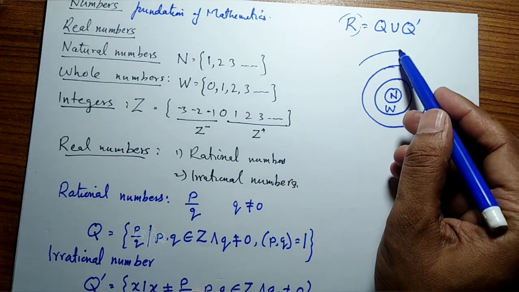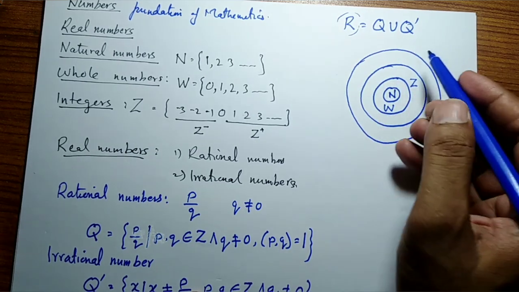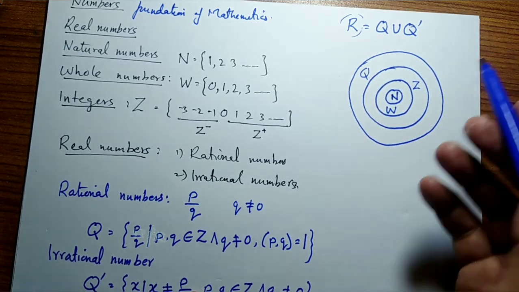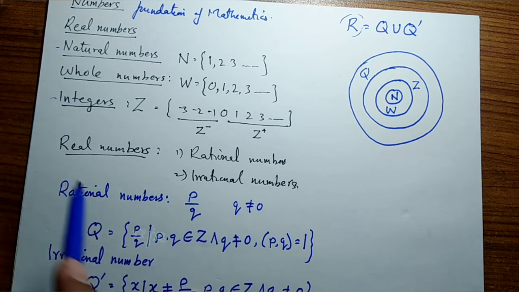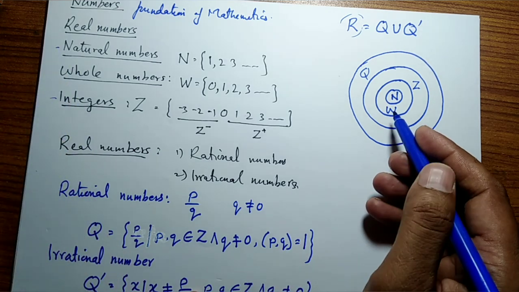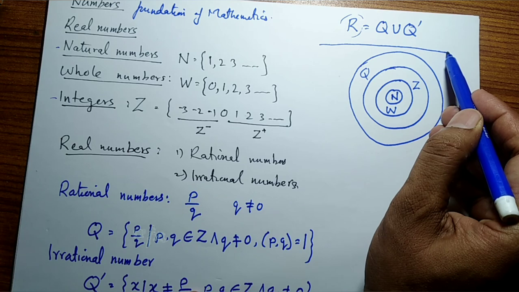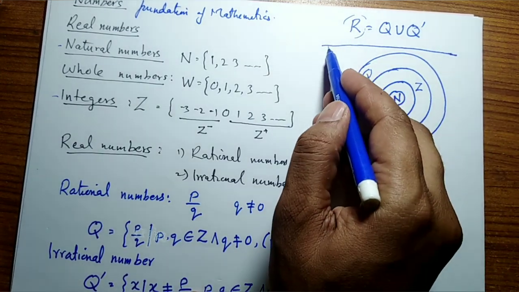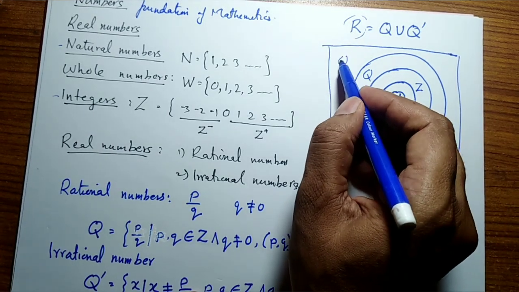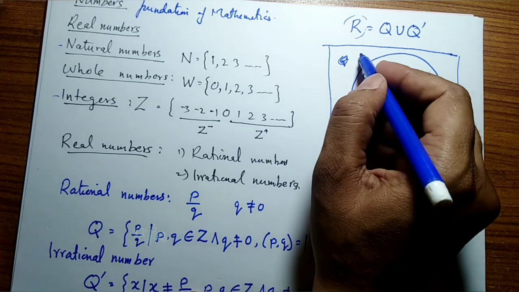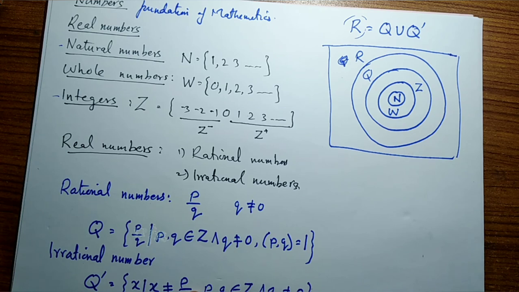The fourth circle represents the set of rational numbers, so the set of rational numbers contains all natural numbers, whole numbers and integers. And the outermost part, which contains irrational numbers, is the set of real numbers. So this contains all the values of real numbers.